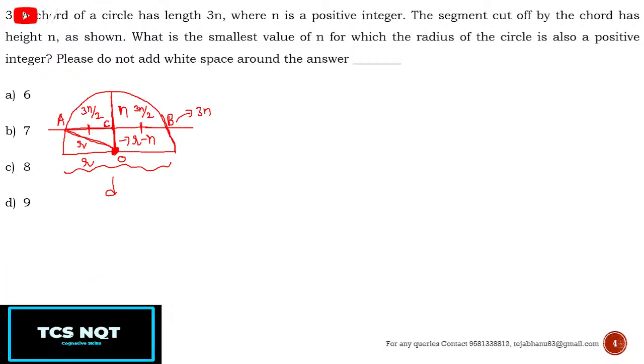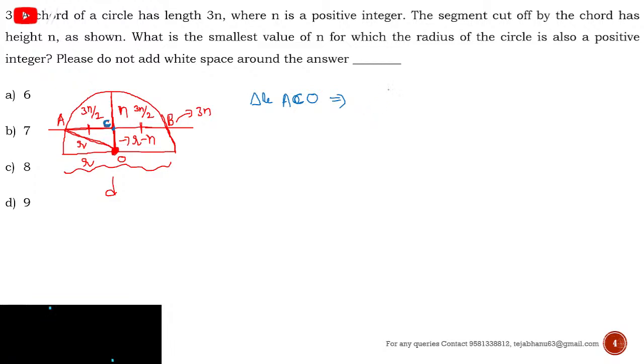Now, see, from the triangle ACO, it's a right angle triangle, right?